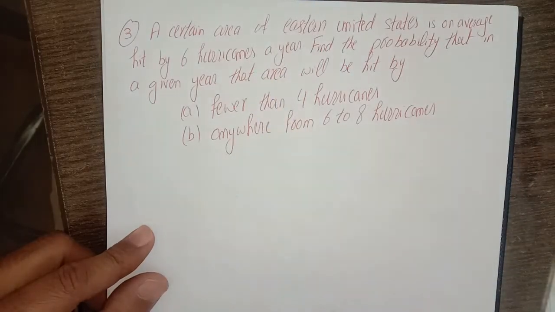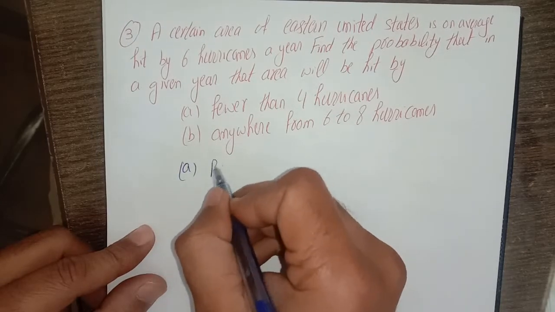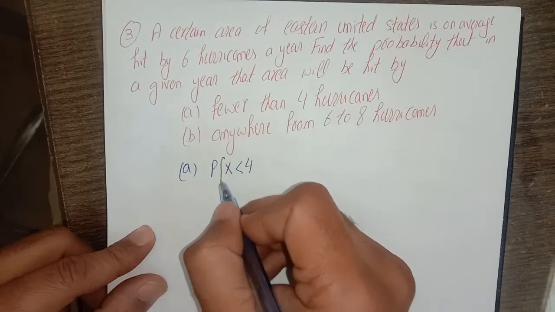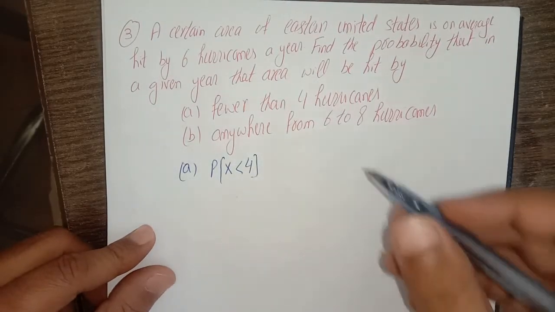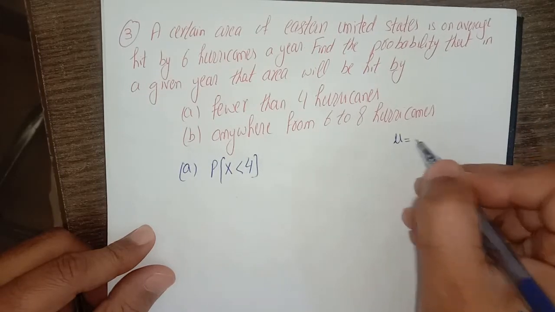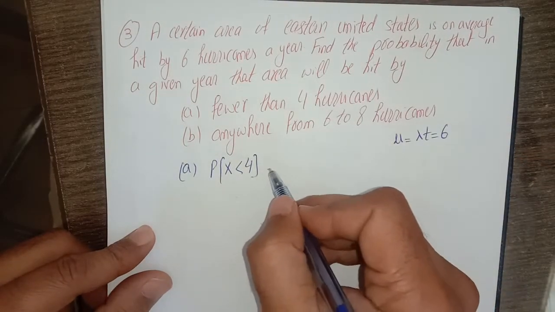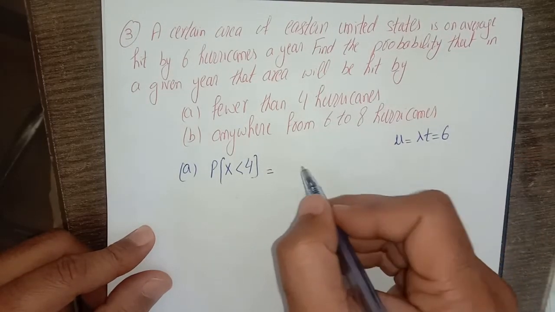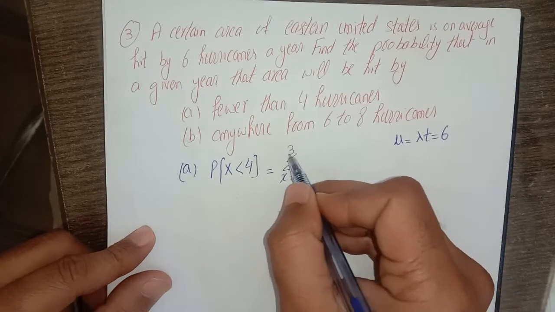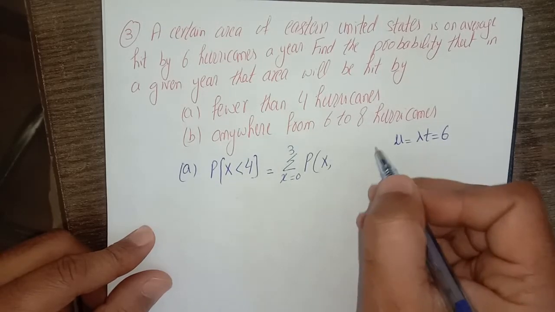In a year, right? So in part A, we are interested in the probability of x less than 4, right? So here the average hurricanes a year, that is mu, equals lambda t, is 6, right? For this we have to sum basically from 0 to 3, the probability of x, and this mu is 6.